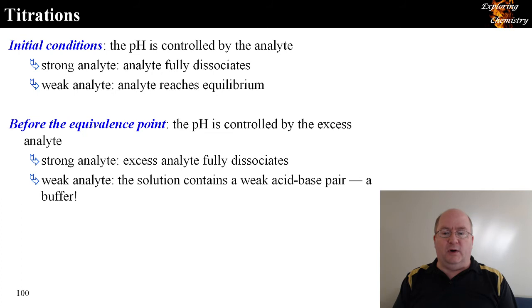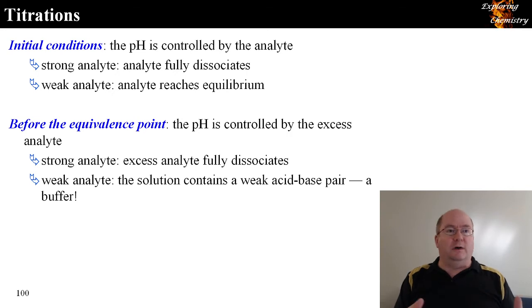Before the equivalence point, the pH is controlled by the excess analyte. If your excess analyte is strong, it fully dissociates, and it's just a more dilute solution, so you can calculate the concentration and therefore the pH. If you have a weak analyte, you now have a conjugate acid-base pair. You have a buffer.